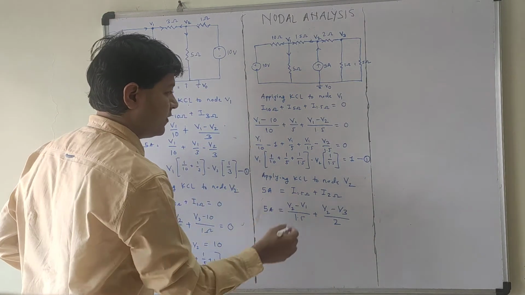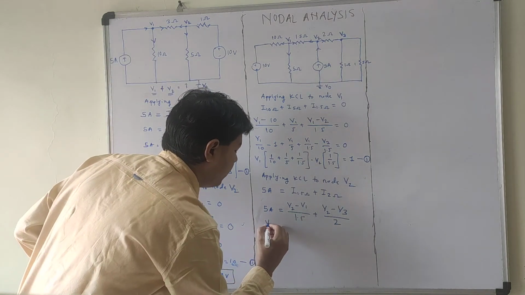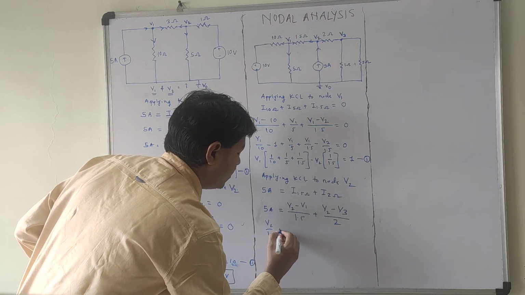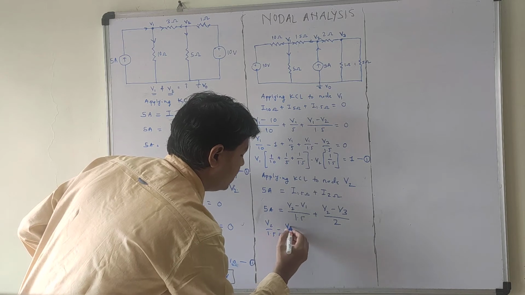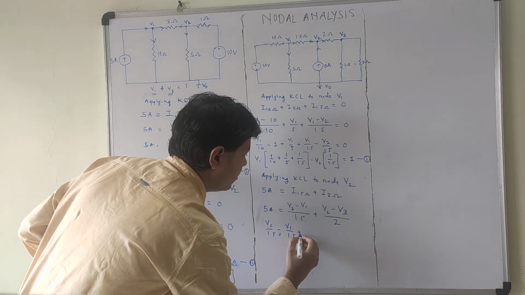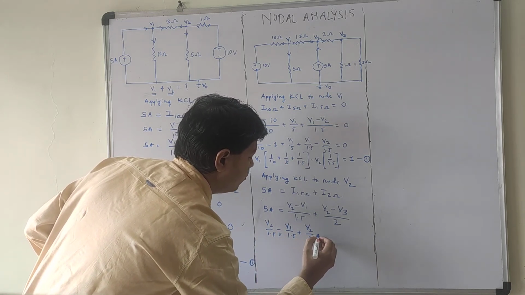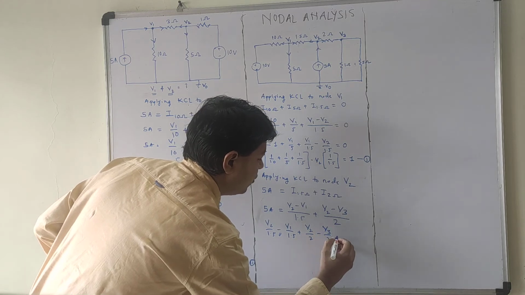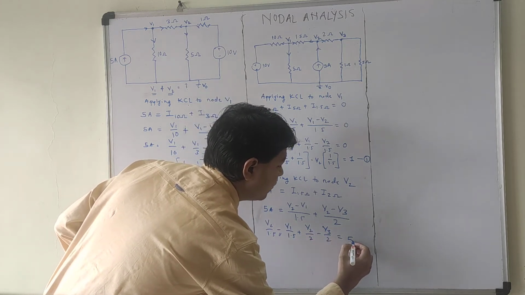We will simplify these terms, so V2 upon 1.5 minus V1 upon 1.5 plus V2 upon 2 minus V3 upon 2 is equal to 5.